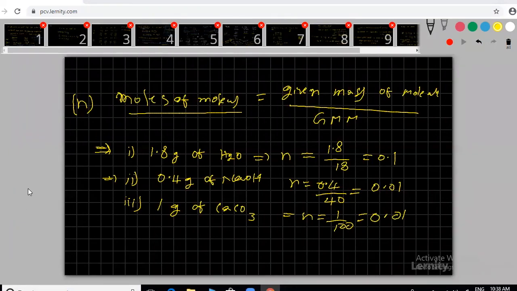Understood number of moles? Right. One more thing, for ionic compounds. Correct answers. For ionic compounds, we don't want to discuss specially, but still, ionic compounds are similar to molecular, moles of molecules only.